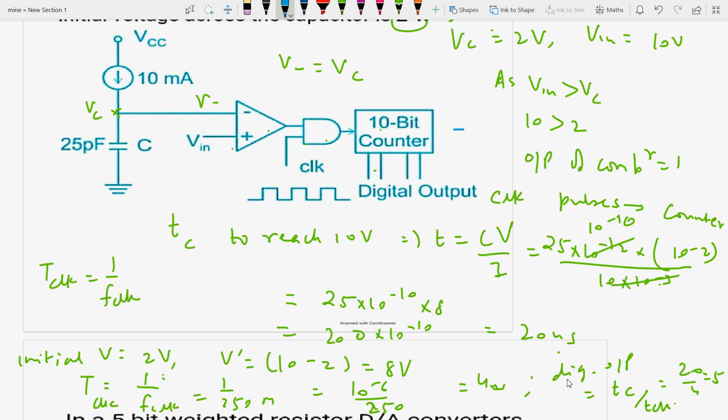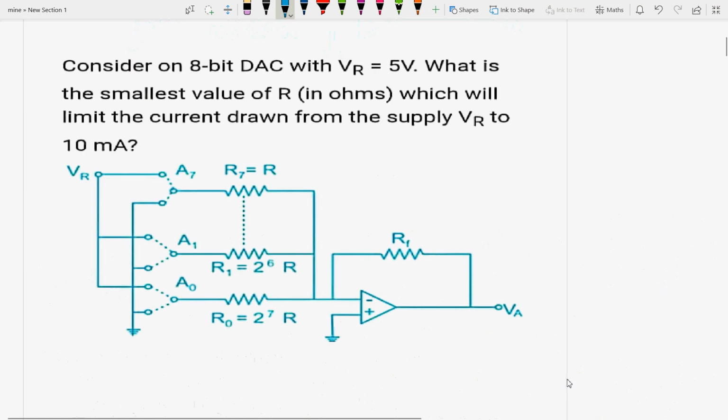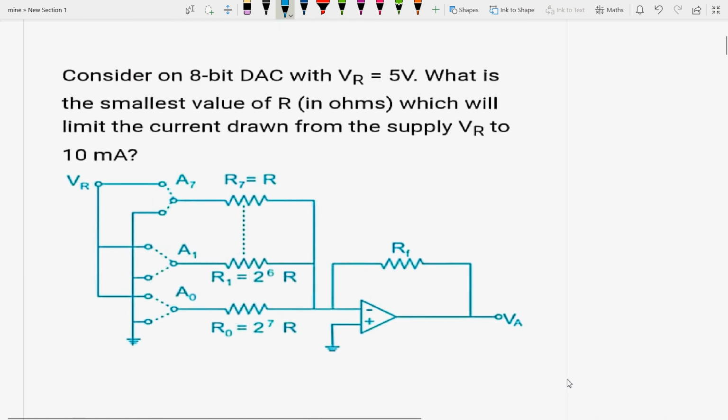Now next question is this one, okay. Consider an 8-bit DAC with reference VR is equal to 5 volt, okay. This is 5 volt. Now the smallest value of R which will limit the current drawn from the supply VR to 10 milliampere is, see, maximum current, because what you have given here 8-bit DAC, that means N is equal to 8, you have reference voltage is equal to 5 volt.